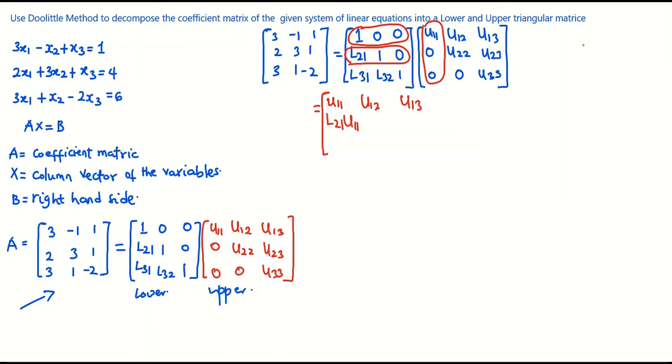Then next we're going to have L21 multiplying u12, plus 1 multiplying u22, which will give us u22, right? And then next we are going to have L21 multiplying u13, so we have L21 u13 plus 1 multiplying u23, so plus u23, and plus 0 multiplying u33, that will give us 0.